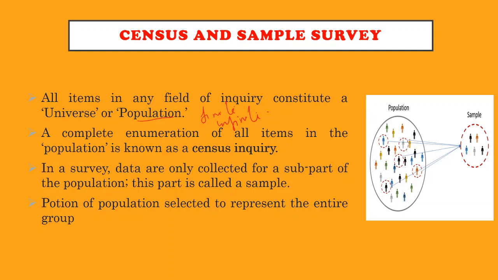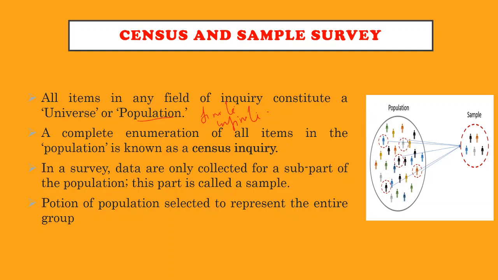No. So that kind of population is called an infinite population. So population simply means all items in any field of inquiry. That is what the term population means, and it is also known as universe, and it can be a finite population or an infinite population.